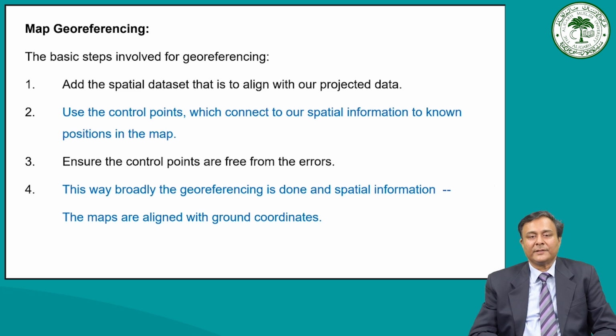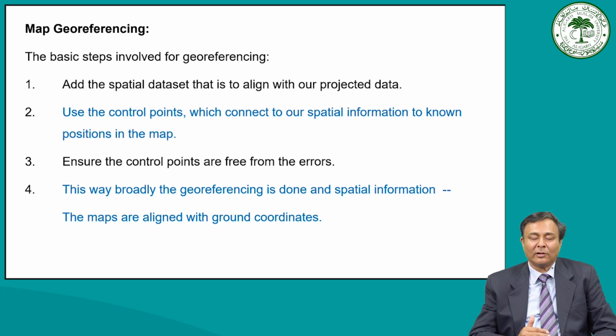And in one data set we will have the known coordinates, and the map which has to be georeferenced is aligned according to the other map whose coordinates are known. So use control points which connect our spatial information to known positions in the map, and ensure the control points are free from errors.